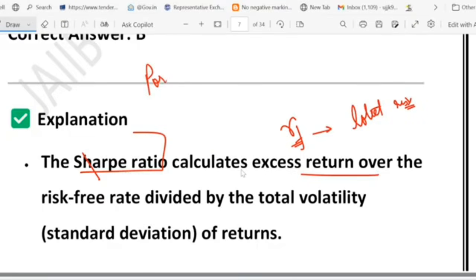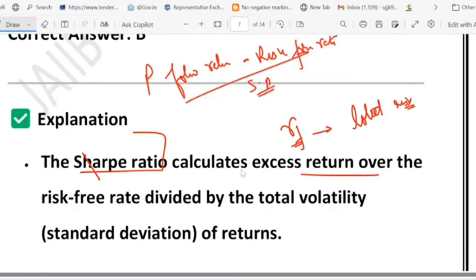We write the portfolio return, we subtract the risk-free rate, and we divide it by the standard deviation of the portfolio. So this will give us the Sharpe ratio. So remember, if the question asks about Sharpe, you always look for the risk-free rate and standard deviation. If you see beta, that is basically for the Treynor ratio.